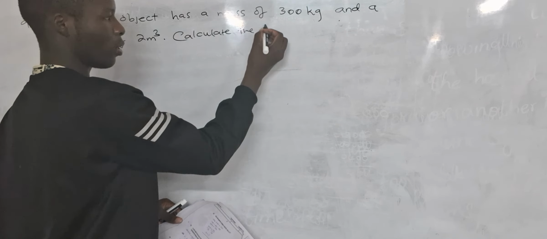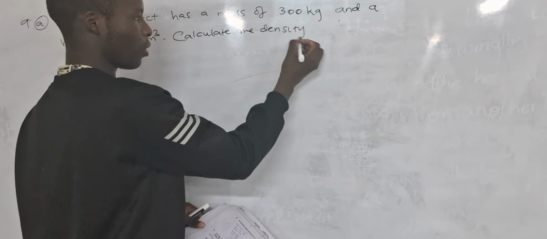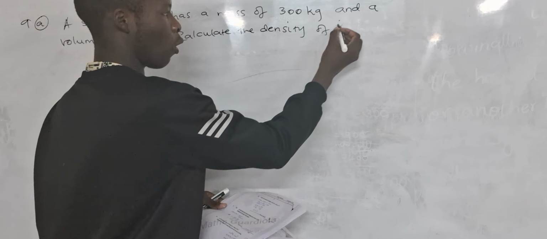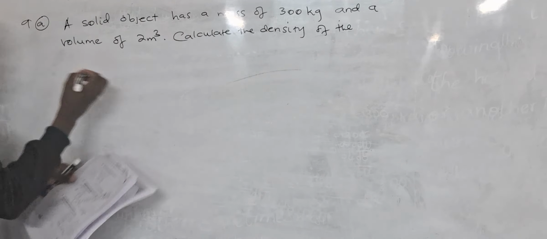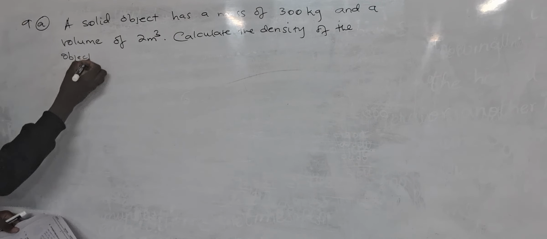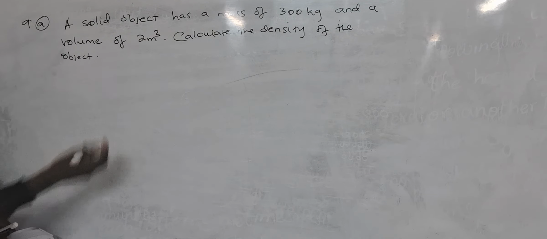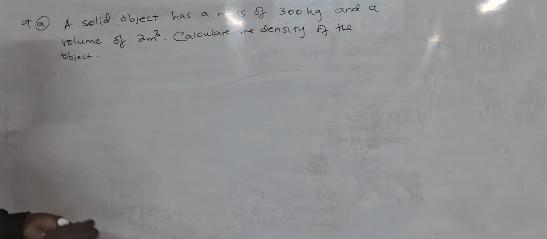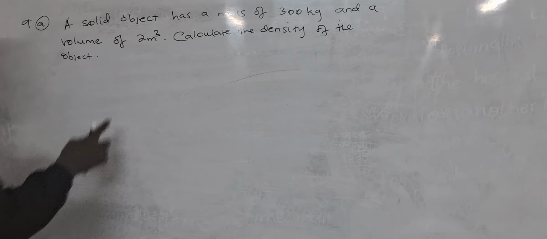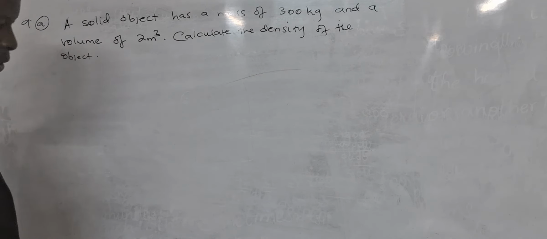Calculate the density of the object. This is a 2-mark question. So a solid object has a mass of 300 kilograms and a volume of this one. You're supposed to calculate the density.